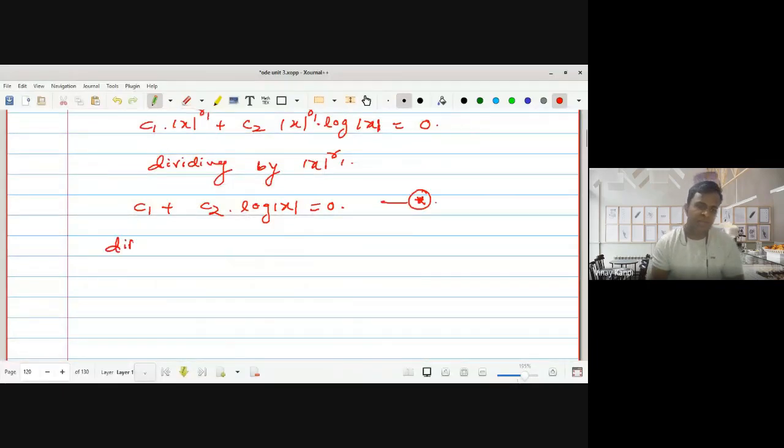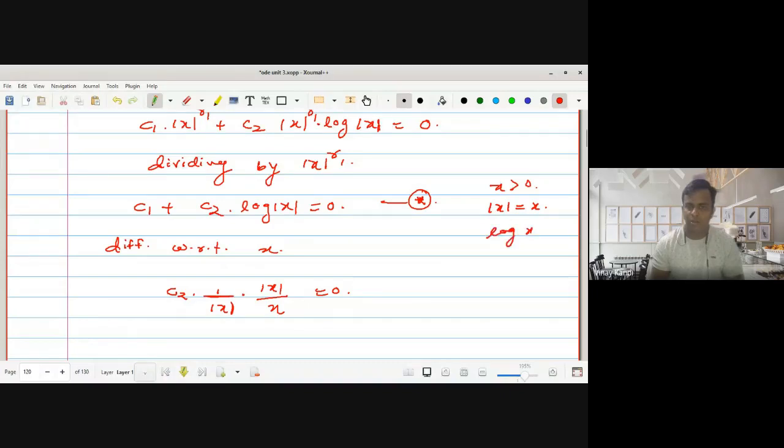Okay, so this is the equation star now. Now differentiate with respect to x. What we get? C2 into 1 upon mod x into mod x upon x is equal to 0. कशाला समजलं? How it comes? Okay, समजा x माझा greater than 0 असेल तर mod x काय होईल? x होईल.